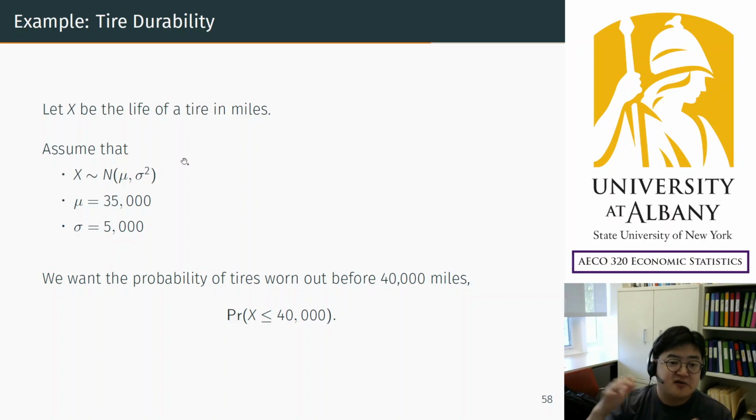So some tires last longer, other tires do not last that much. So in this case, what is the probability of tires that worn out before 40,000 miles? This is what we would like to calculate.